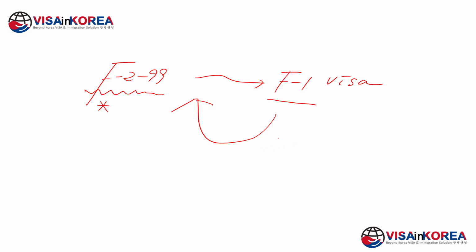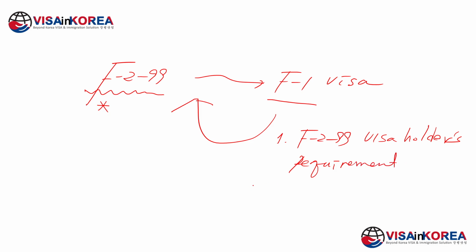The most important thing is the F-2-99 visa holder's requirements, for example, the time period, income, and the other requirements.